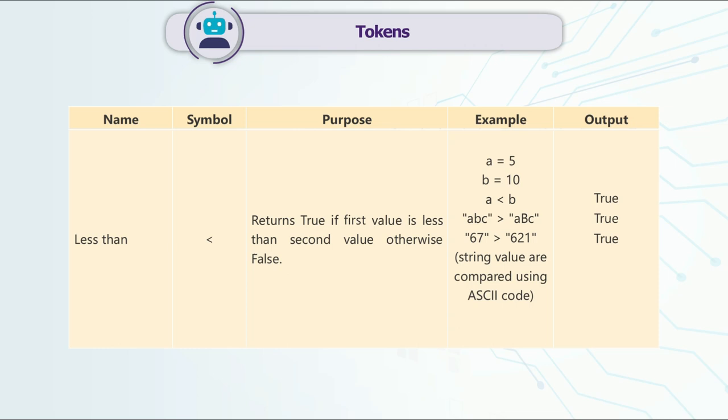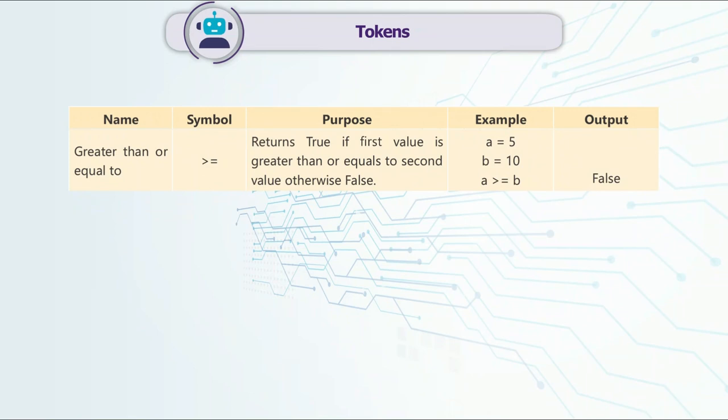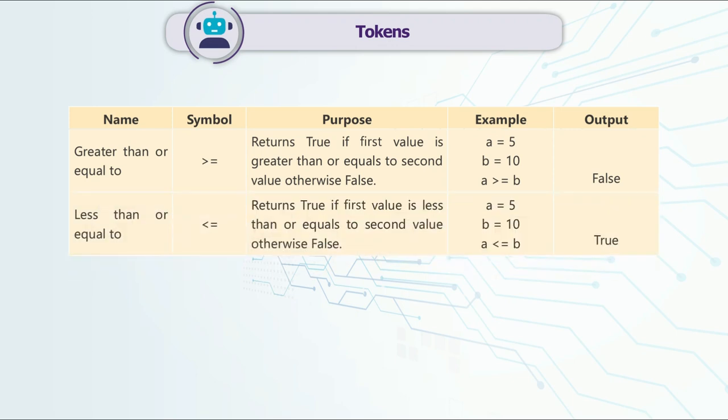'abc' > 'ABC' gives True. '67' > '621' gives True. String values are compared using ASCII code. Greater than or equal to: returns True if first value is greater than or equal to second value, otherwise False. a = 5, b = 10. a >= b gives False.